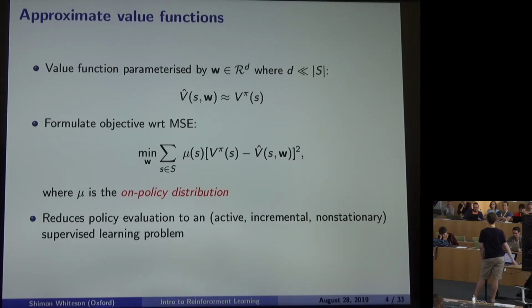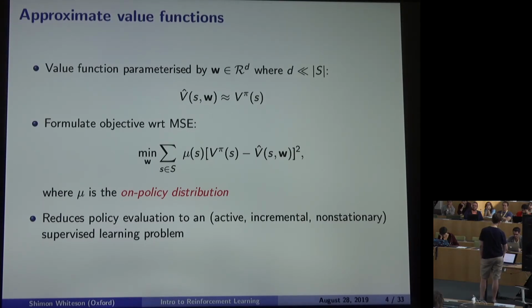Mean squared error is not the only loss you could minimize, but it's a reasonable one. It's used throughout supervised learning. I don't see any particular reason to object to it. So what distribution you should use here to weight the mean squared error, that can sometimes be a subject of debate, in particular if you're learning off policy, then there can be a question there as to what the right distribution is.